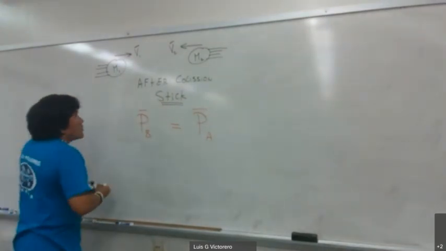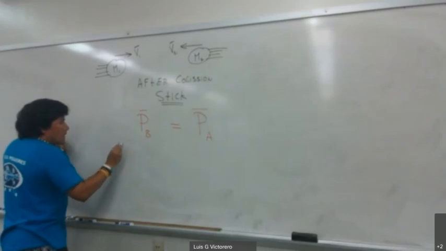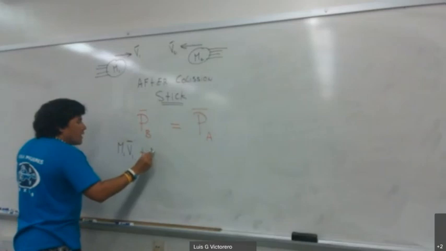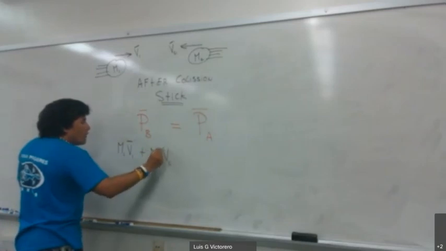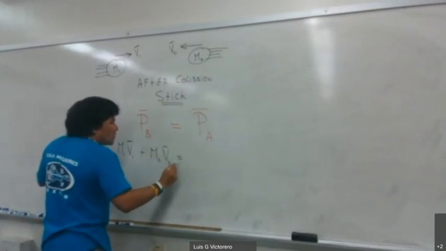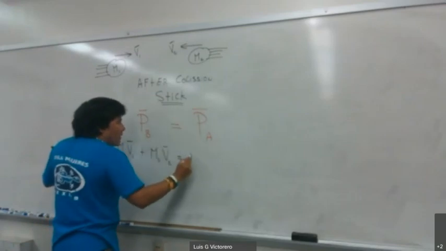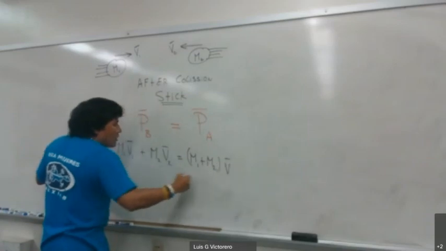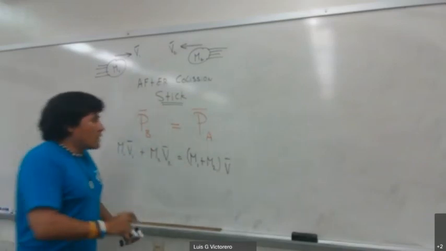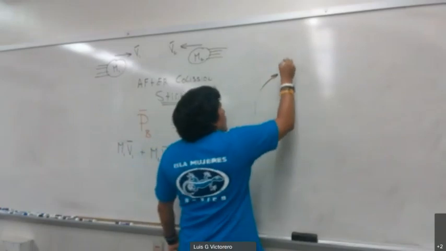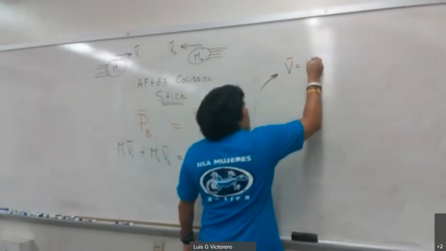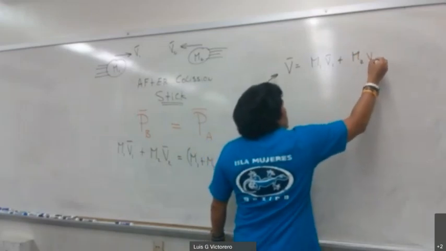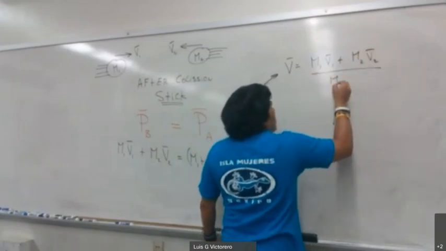What's the momentum before the collision? M1 V1 plus M2 V2 vector equals, they stick together, M1 plus M2 times V. So my objective most of the time is to find this V. V becomes M1 V1 plus M2 V2 over M1 plus M2.